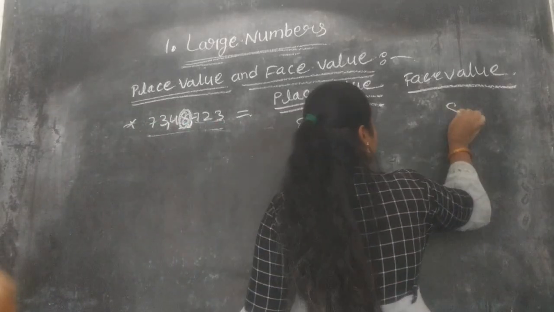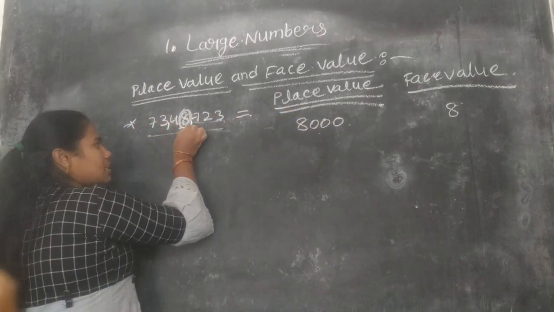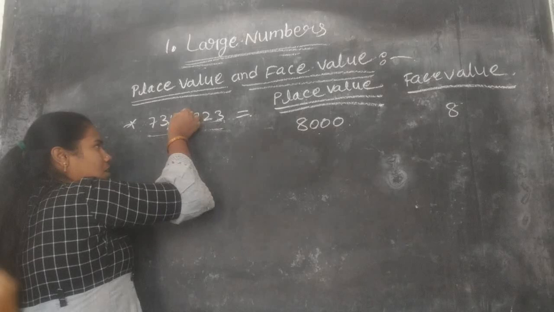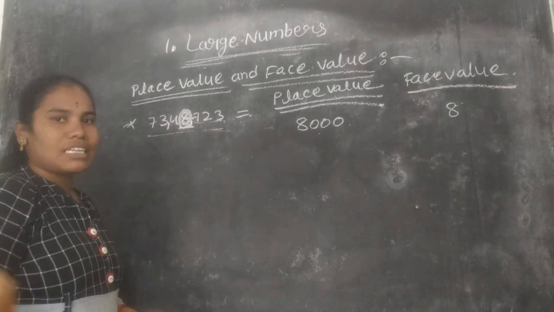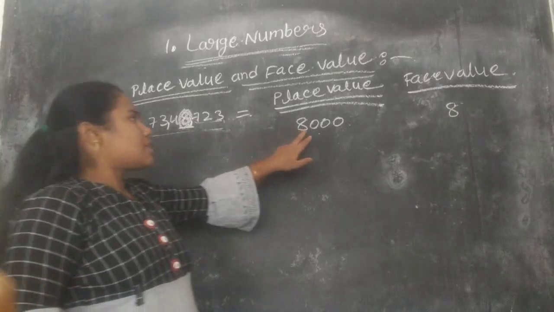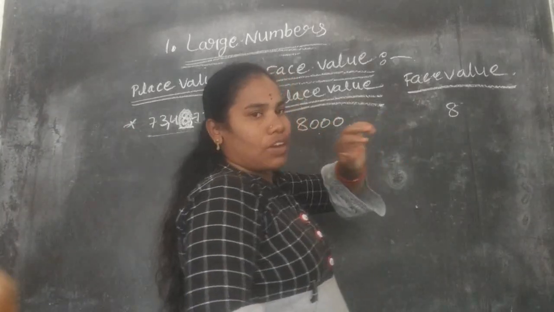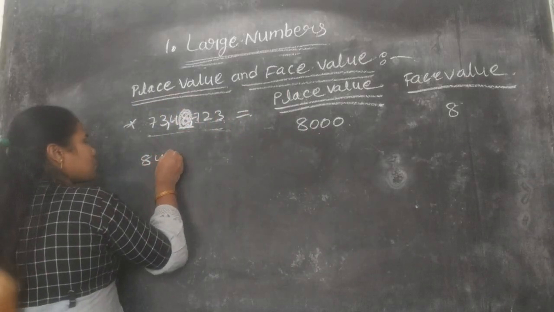That's it. For this 8, what does the face value mean? Here we are seeing the number 8 now. So that is the face value. Okay, understood? So this is the place value and this is the face value. Let us check some more examples.